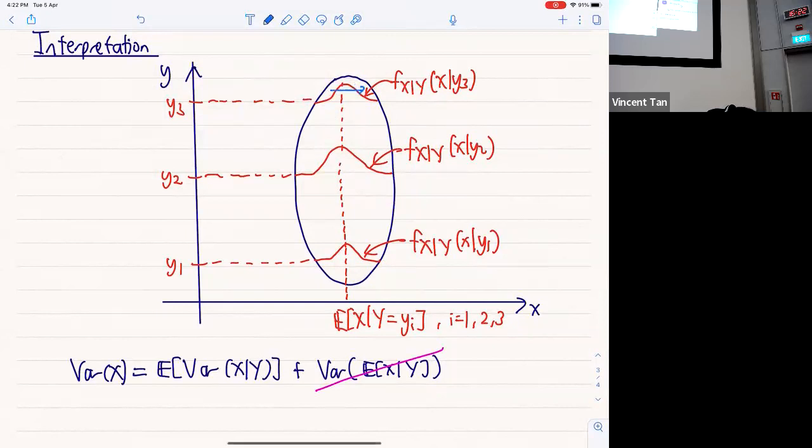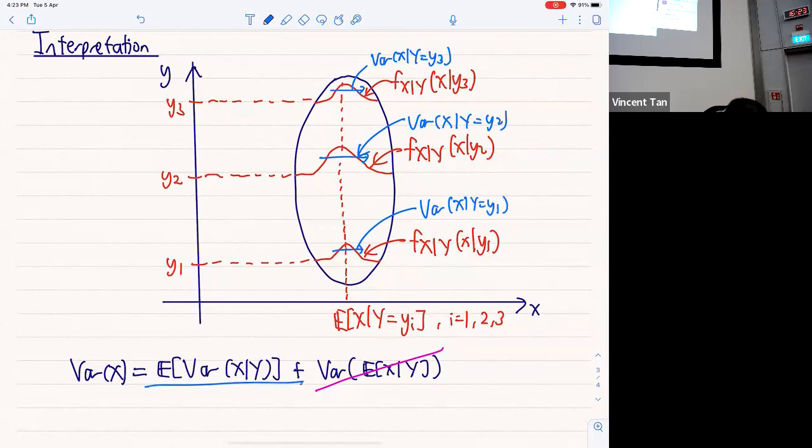Here we have the variance of X given Y equals Y3. That is the variance, basically the spread. In the middle, there's a lot of spread. At the side, there is not so much spread. Here, less spread: variance of X given Y equals Y1. So all the contribution comes about because of the spread of X given Y. The blue part.